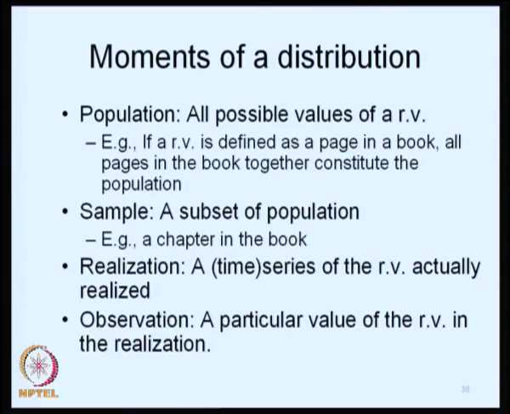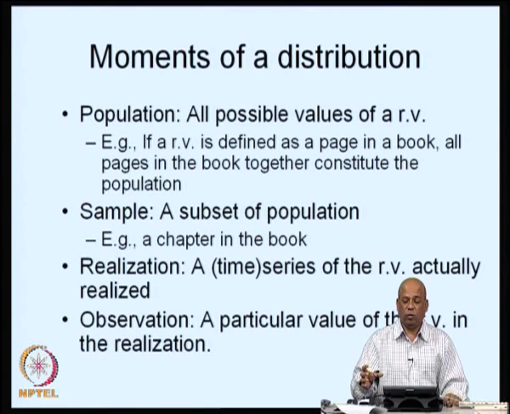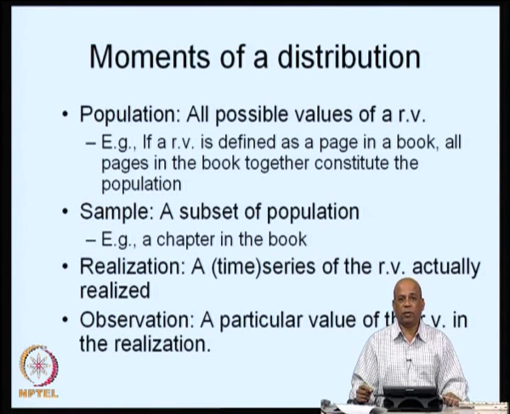A realization is the actual outcome of the experiments that you have carried out. For example, you have actually randomly drawn certain pages and you get the series of values that the random variable has actually taken, and this is called a realization. An observation is a particular value of the random variable in the realization.